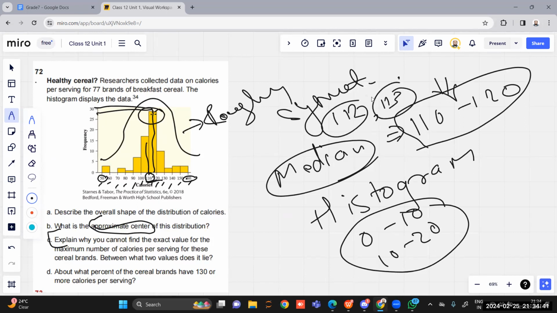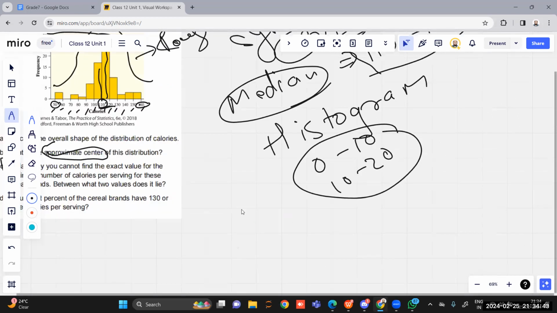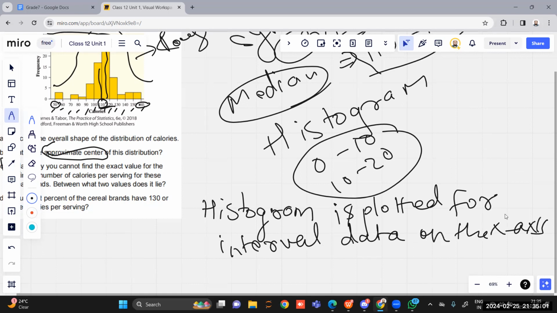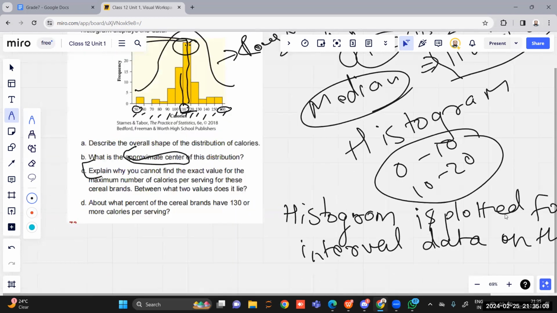Why can we not give the exact value? Because a histogram is plotted for interval data on the x-axis. That's the reason. Understood?